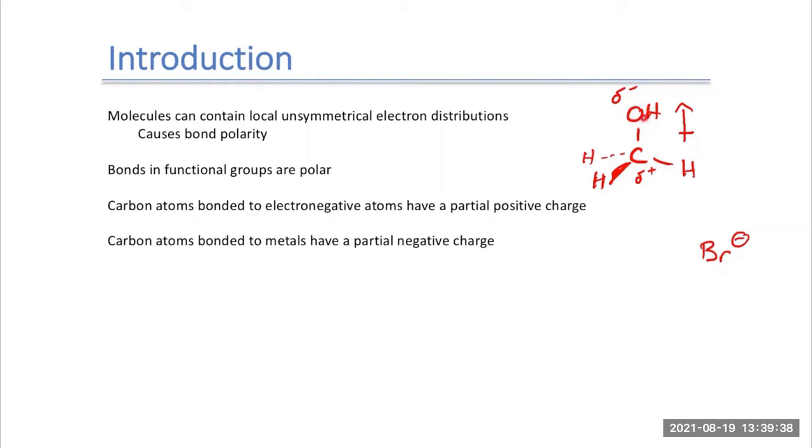more electronegative. Carbon atoms can also be partially negative. So if we have a carbon atom bonded to a metal, for example if it's bonded to magnesium, we'll see these later on. They're called Grignard reagents.